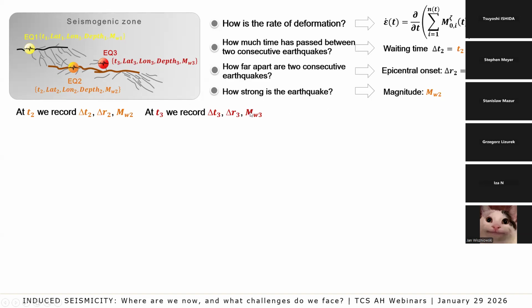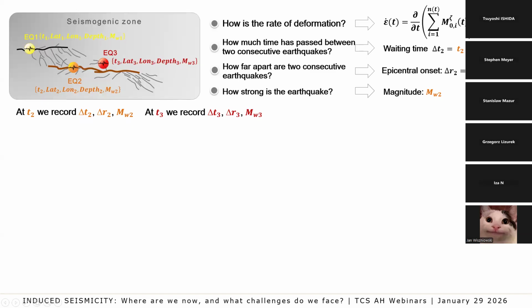And also we would have information about the size of the earthquake. So at T2, we have 3 parameters: inter-event time between the second and first earthquake, inter-event distance between the second and first, and magnitude of the second earthquake.